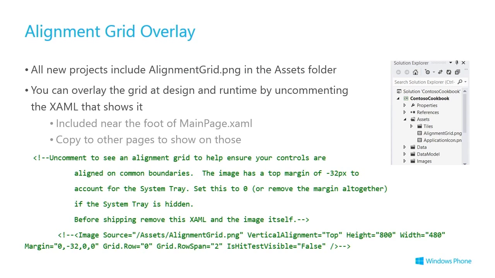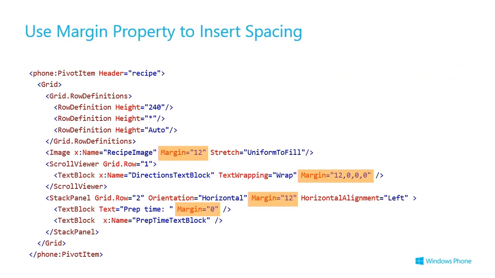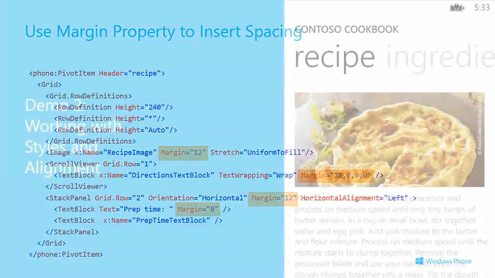All you need to do is uncomment that, and it overlays on top of your UI this red grid, so you can see at a glance, from within the designer, how your stuff is lining up. And these are on 12 pixel boundaries. It's like I'm in Visio. Yeah, kind of. That's right. So then, once you can see where your alignment is not good, you can actually start messing with margins and that sort of thing to move things around until everything lines up. So that's what you do.